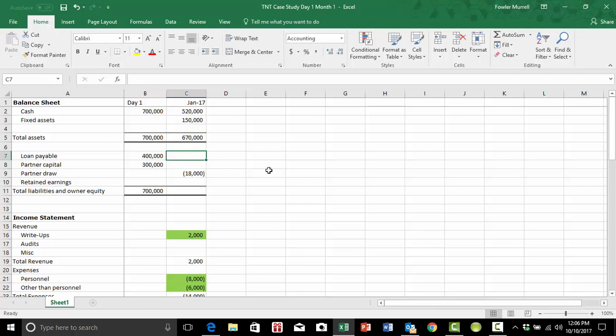Loan payable. Remember, the balance sheet is a cumulative report. So we haven't had any new loans. So what we had before is what we have now. So our loan payable will be that amount. Partner capital will be this amount.